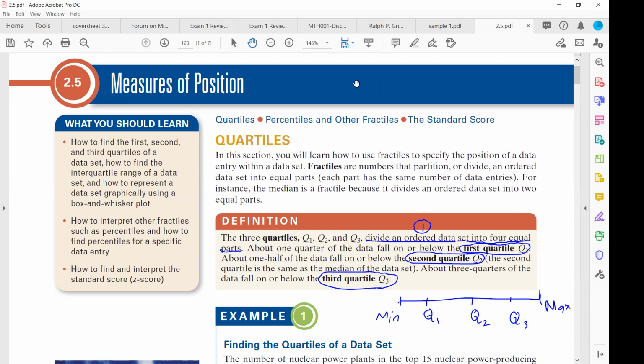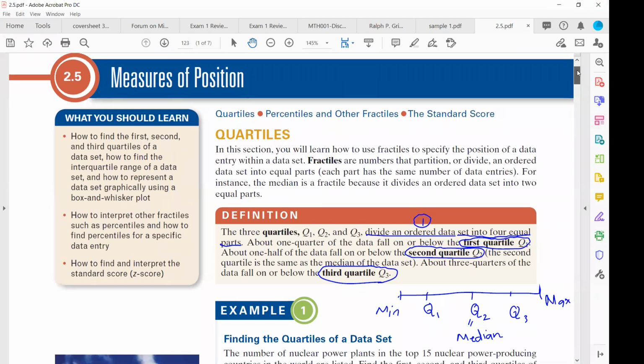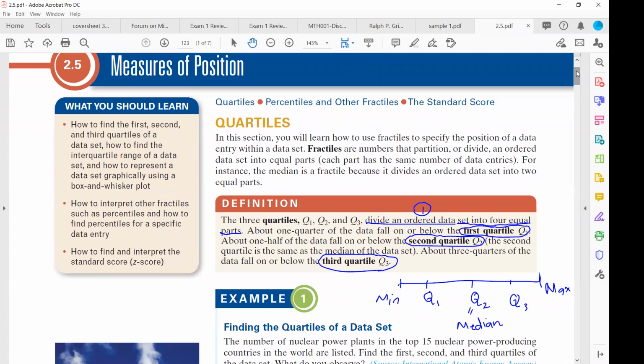Q sub 2 is always the median. Again, you have 3 quartiles. The first value is the minimum value, and the data stops at the maximum value.